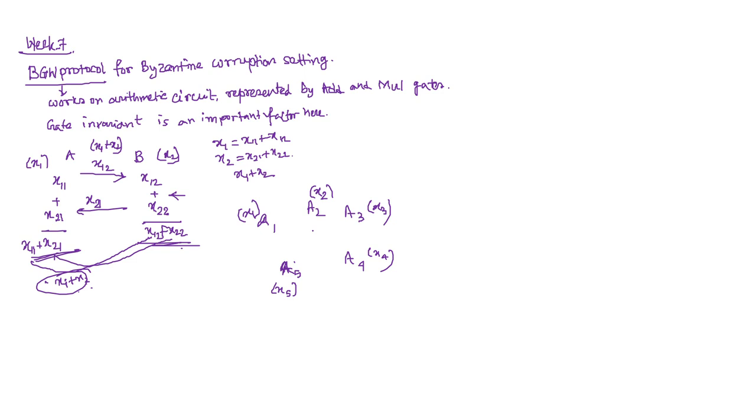But now in the active corruption setting, or malicious or Byzantine corruption setting, a corrupted party can potentially send wrong values. So let's say after application of some gate, A1 has a share Y1, A2 has Y2, A3 has Y3, A4 has Y4 and A5 has Y5, such that Y is 2-out-of-5 secret shared among the parties.